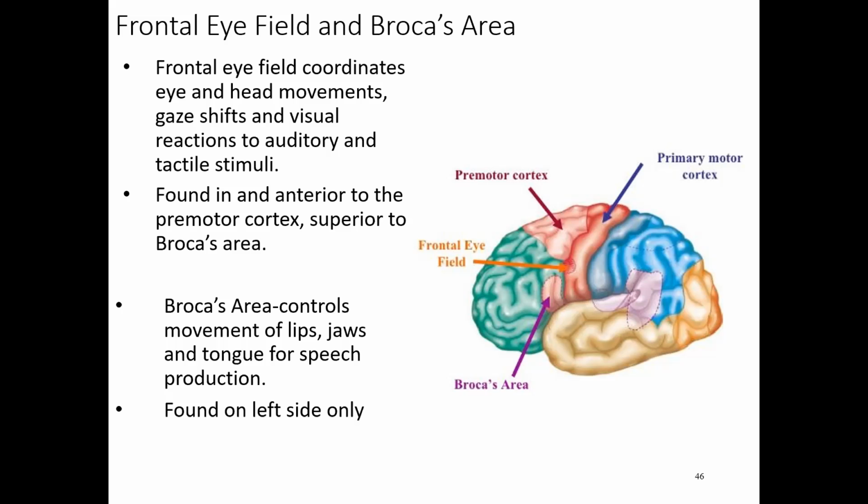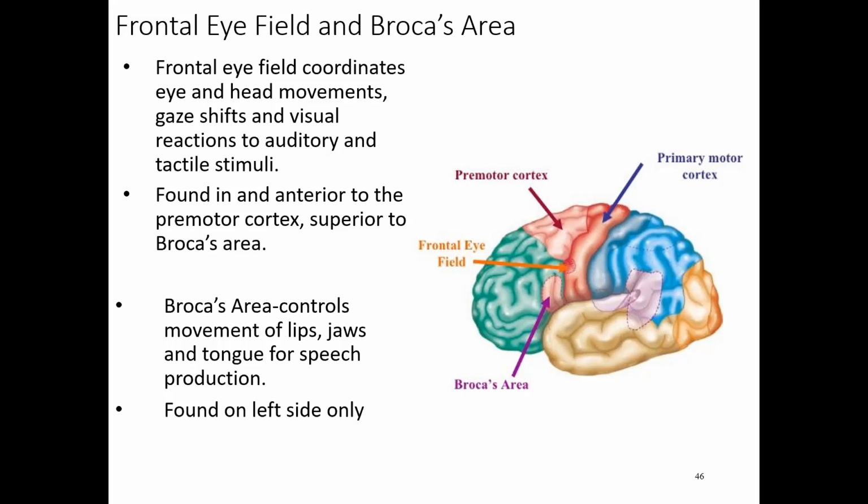Broca's area, first of all, is a motor area only on the left-hand side. Now, most motor areas are going to be on both sides of the cerebral hemisphere, on the left side and the right side, because remember, our brain is contralateral. We control the left side of our body with the right side of our brain, and the right side of the brain controls the left side.